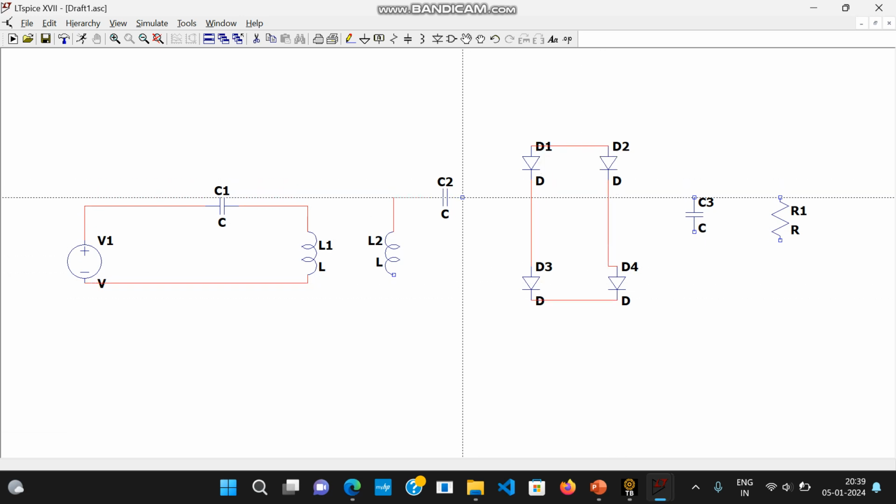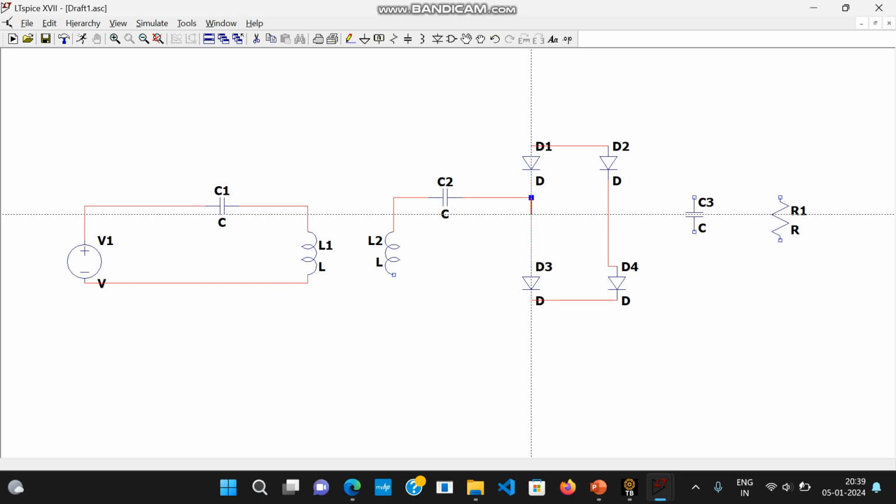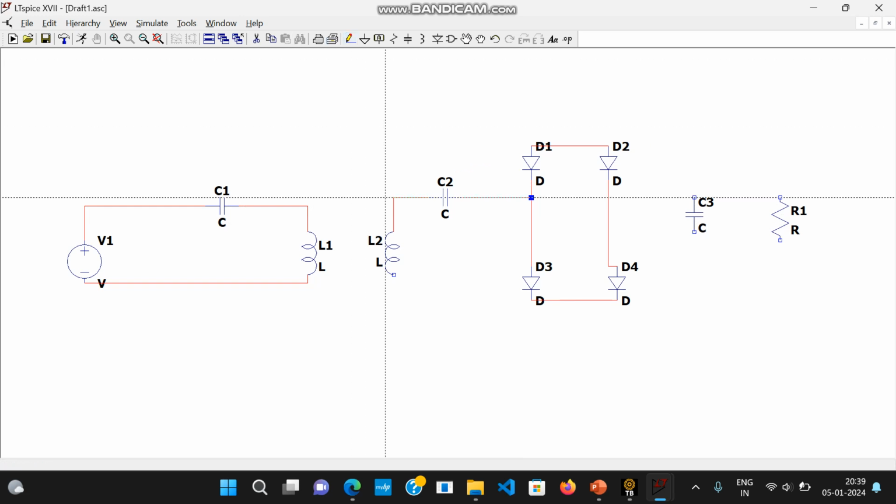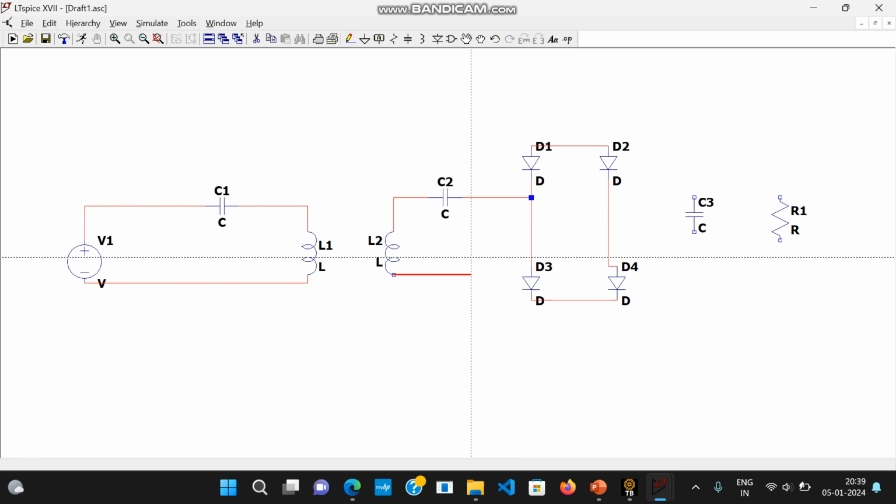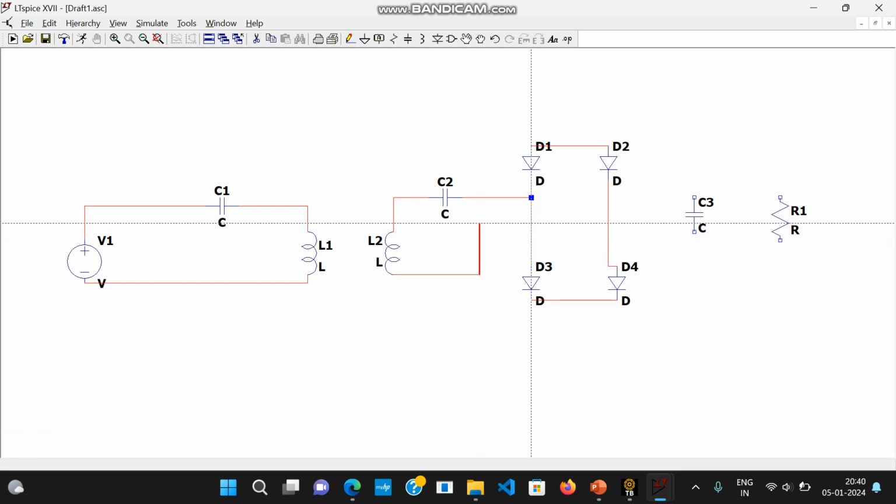Now let's connect this one end of the receiver to here, and connect the other end here.